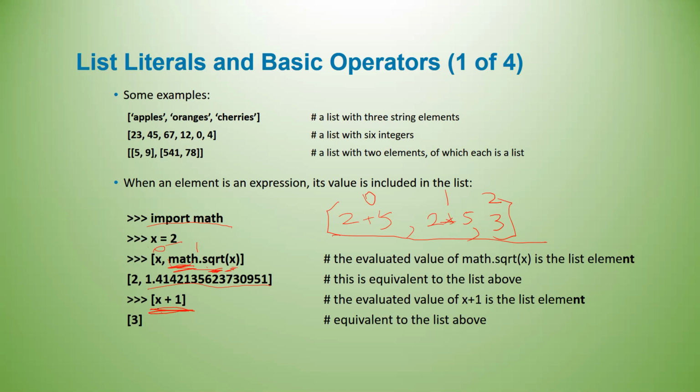This is a list of 1 element, which is actually evaluated to 3, right here. Okay, any questions about this, everybody? Please see that I have a detailed explanation there, and hopefully that helps you when you go back and study on your own.